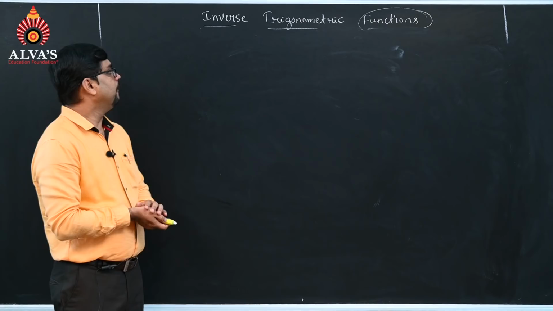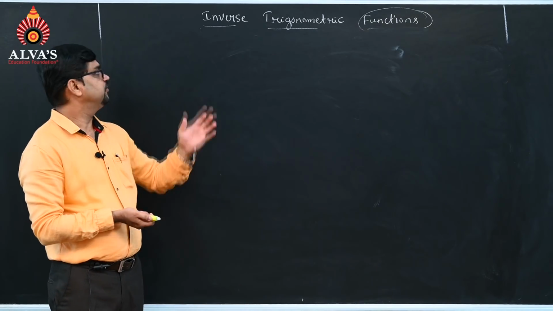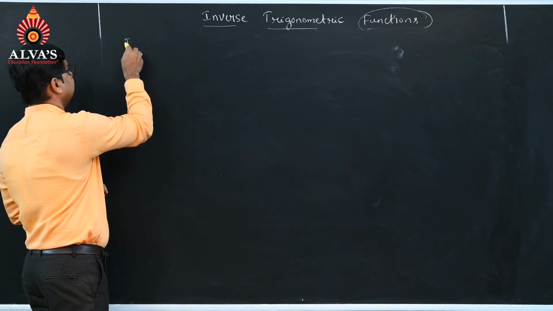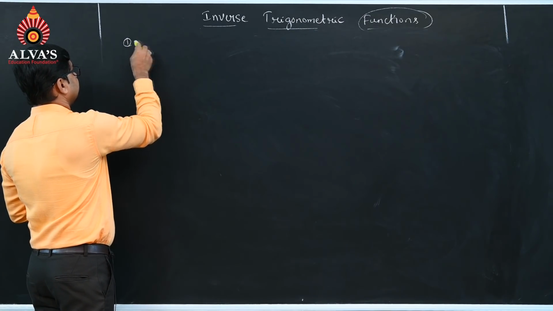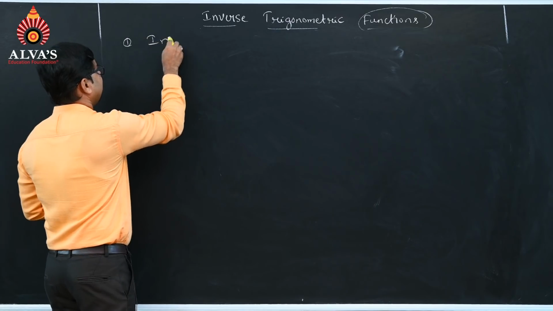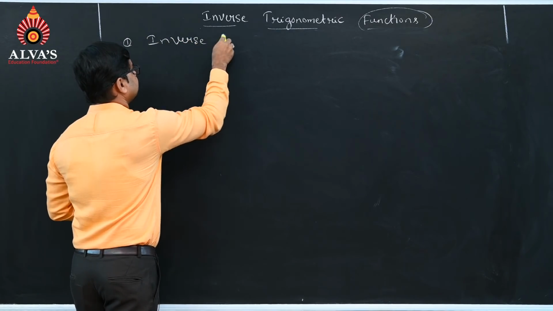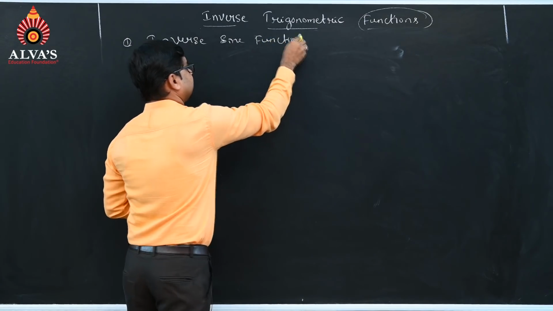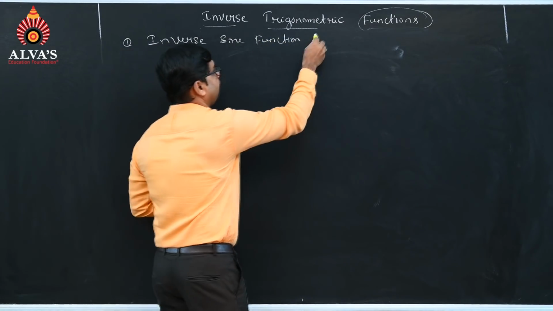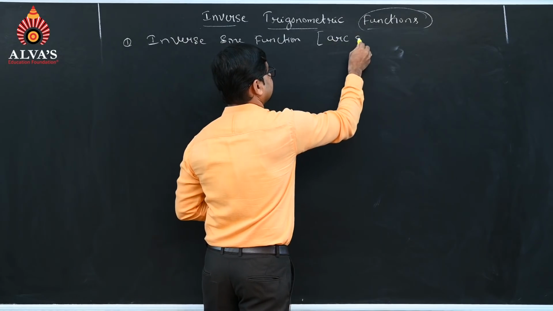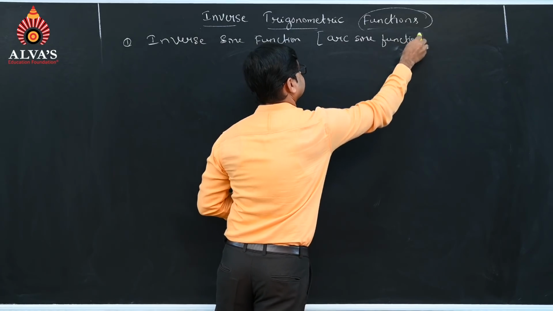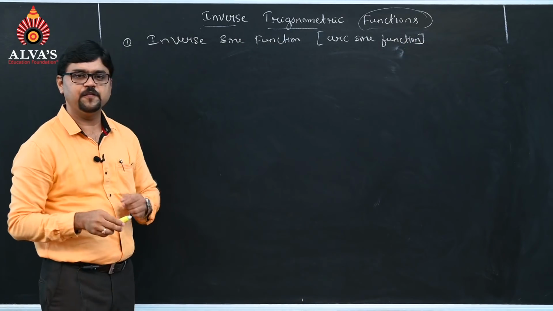So let's begin with the definitions of inverse trigonometric functions one by one. In that, first one is the inverse sine function. It is also called the arc sine function.